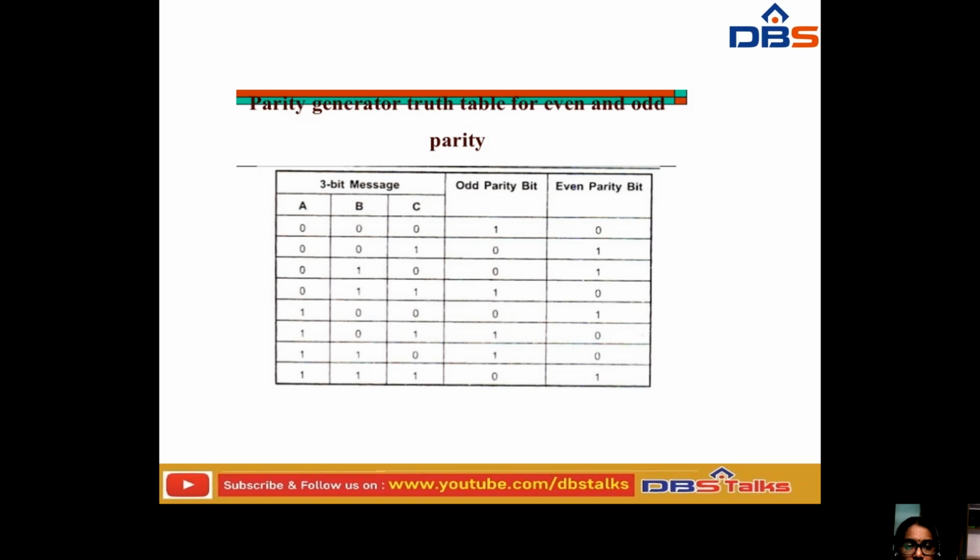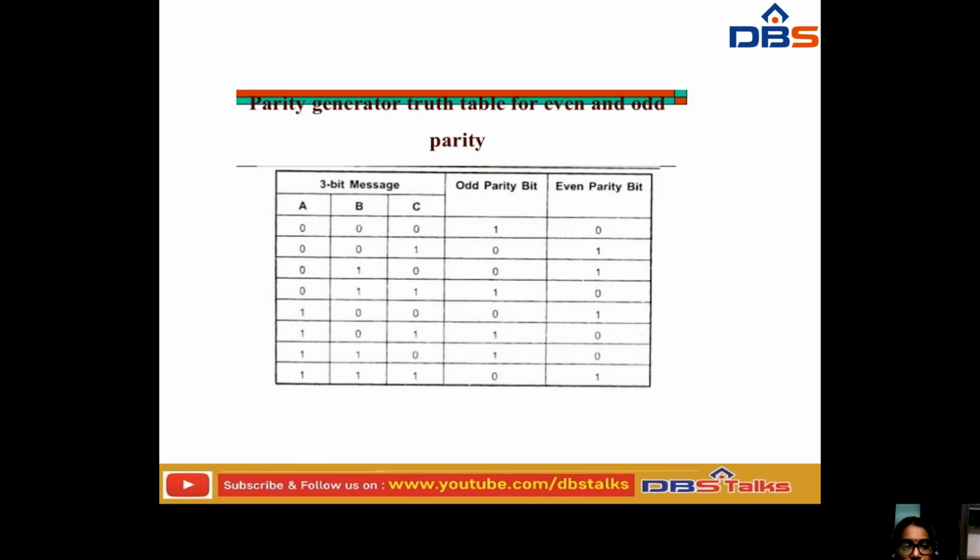Next, if it is 0 0 1, it does not have any odd parity, we have only even parity. Sorry, it is having zero odd parity and only one even parity.